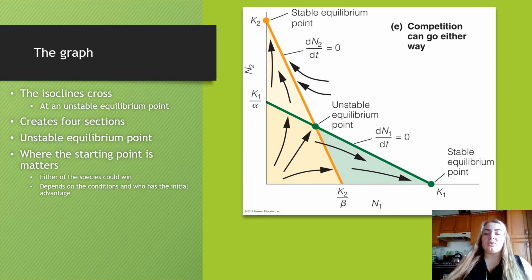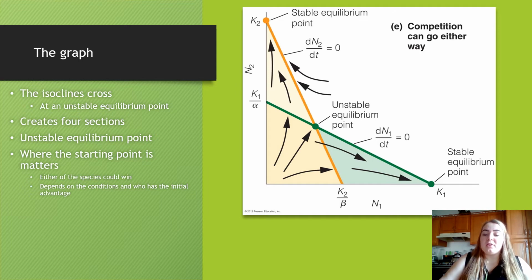And what those do is those cross, and that would cross at an unstable equilibrium point, and it creates 4 sections. And at the carrying capacities for each one, we see the stable equilibrium points. So for species number 1, the stable equilibrium point will be at its carrying capacity, and that is when species number 2 is 0.